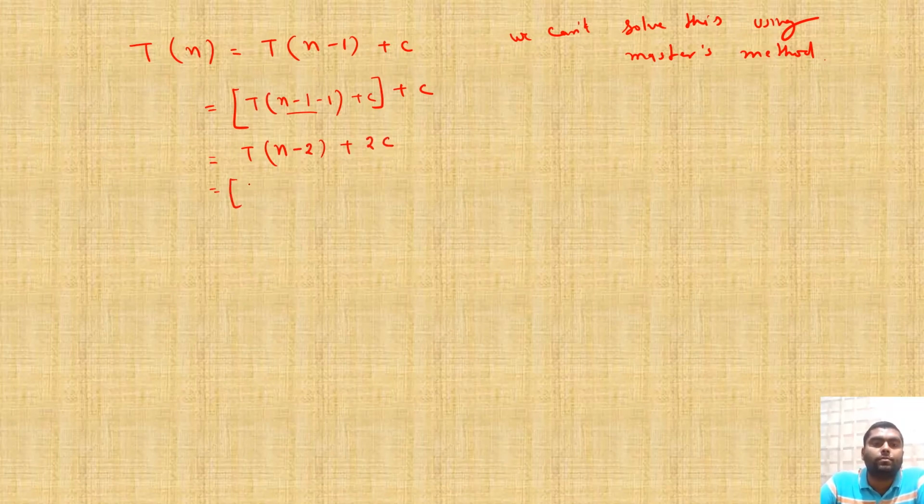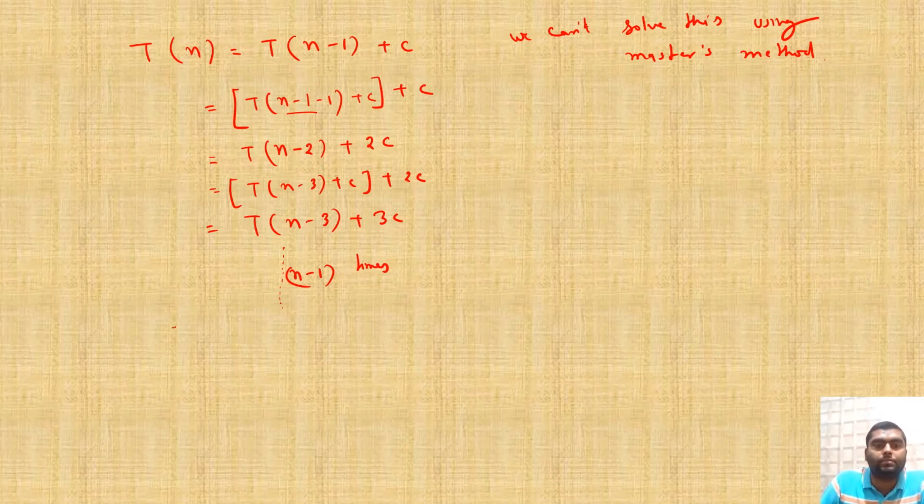Next time if you put T of n minus 3 plus C plus 2C, finally you will get T of n minus 3 plus 3C. So how many times are we supposed to put this in order to get T of 1? It is n minus 1 times. So n minus 1 times I am supposed to repeat this particular thing.